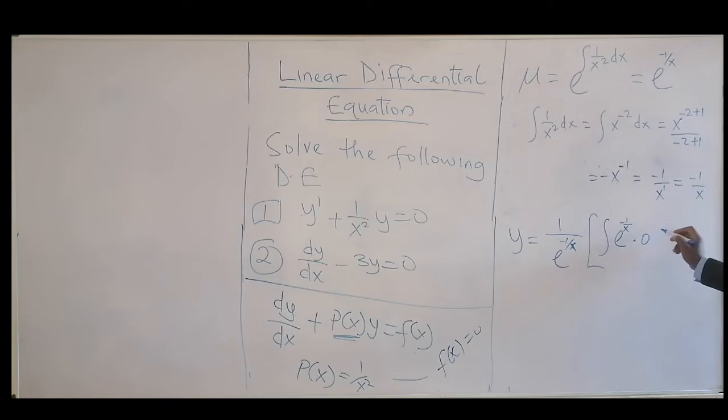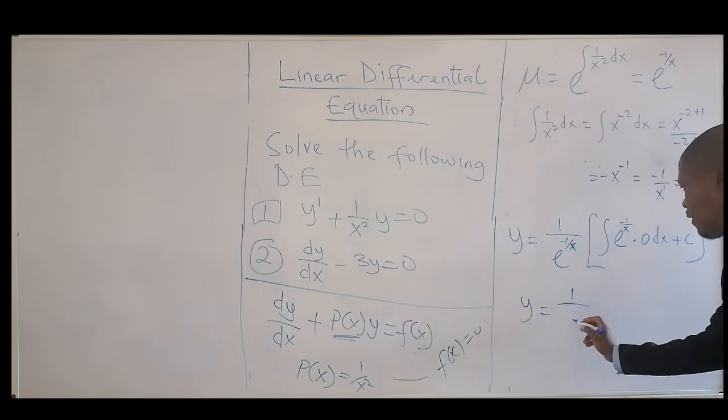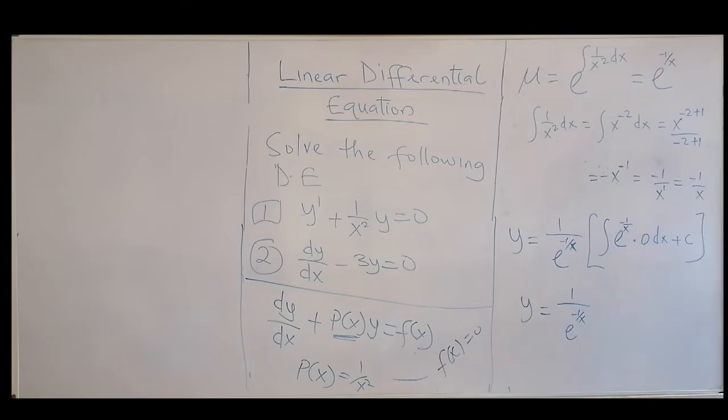So times 0 dx, then plus c. Automatically, with times 0, the integral goes. So we have y equal to 1 over e^(-1/x), times c. So that's your answer.